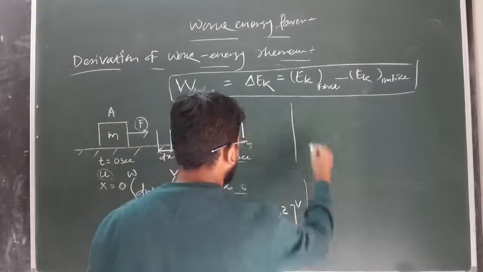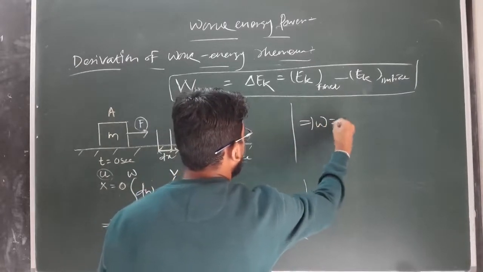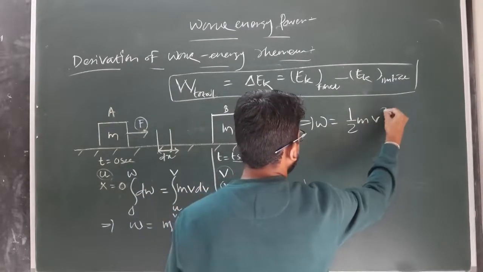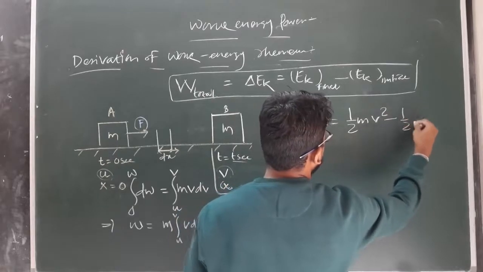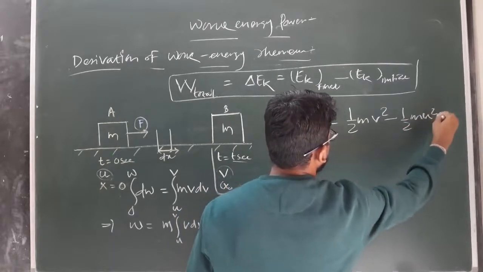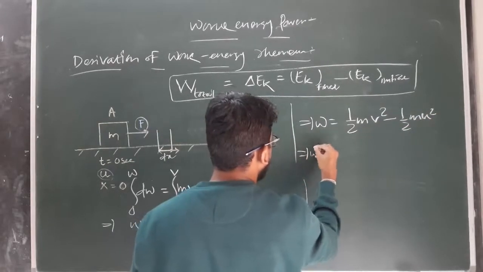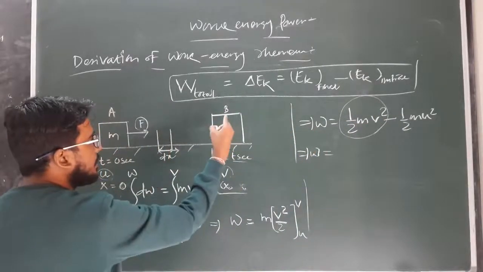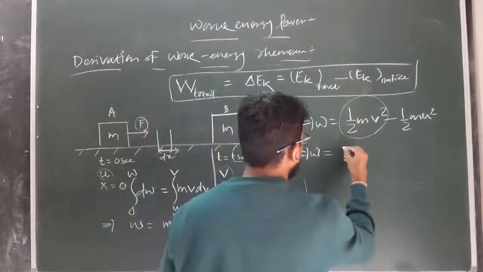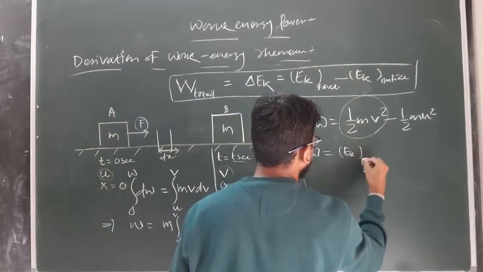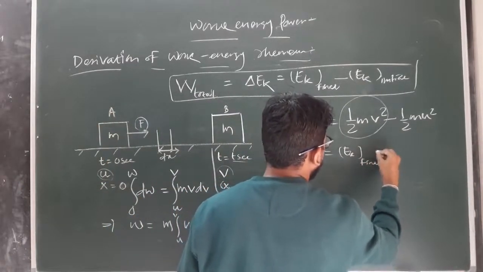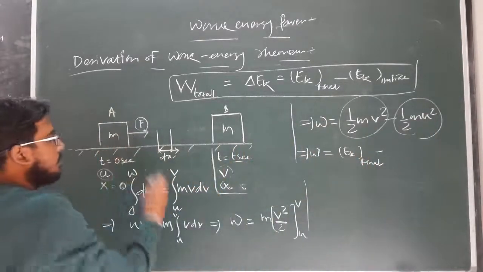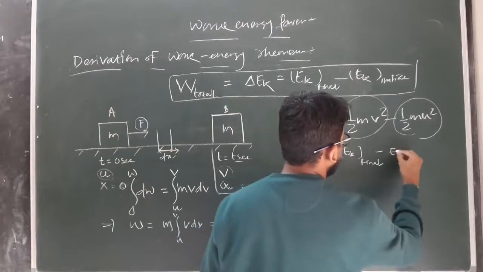So the total work done W equals half m, upper limit minus lower limit, v square minus half m u square. What is half m v square? This is equivalent to the final kinetic energy of the block. So kinetic energy final, minus half m u square, which is the kinetic energy at the initial position. So this is kinetic energy initial.